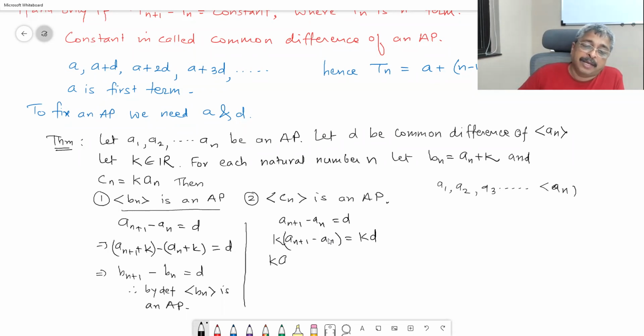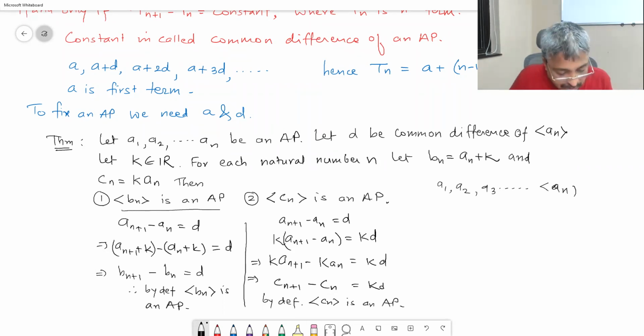So k An+1 minus k An is equal to kd, which is Cn+1 minus Cn is equal to kd, where k is a real number, that means it is constant, d is the common difference. Hence, by definition, Cn is an AP. Simple. Theorems.